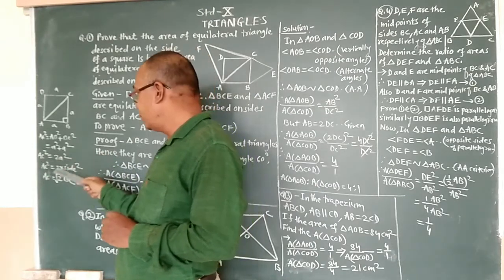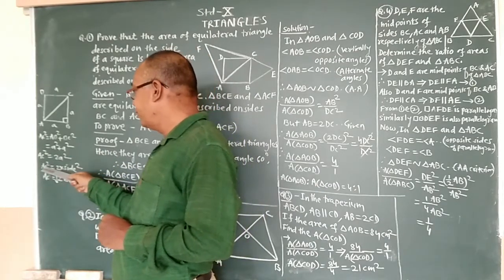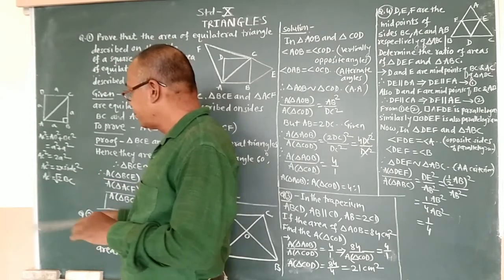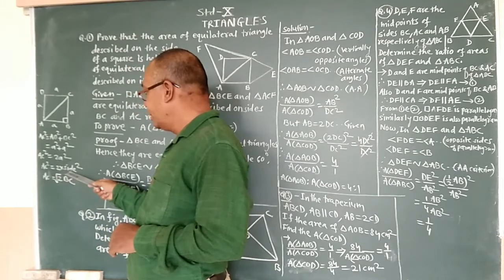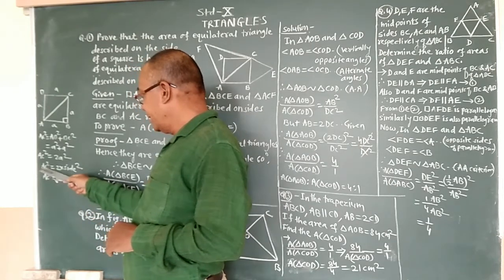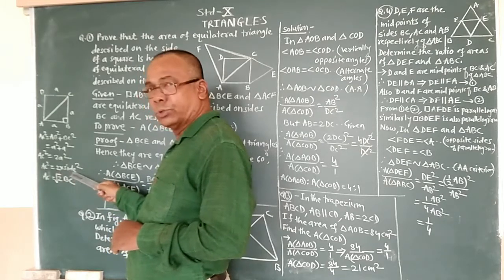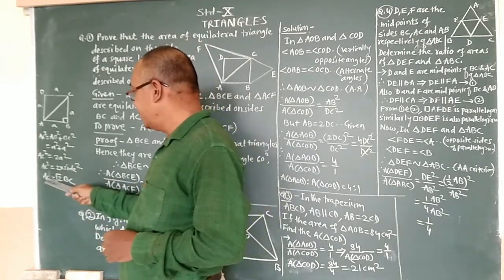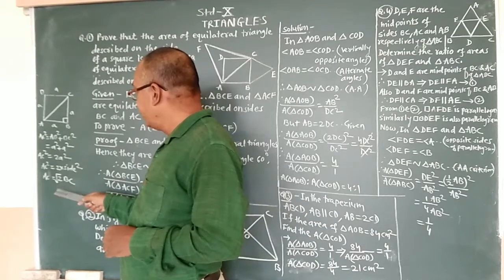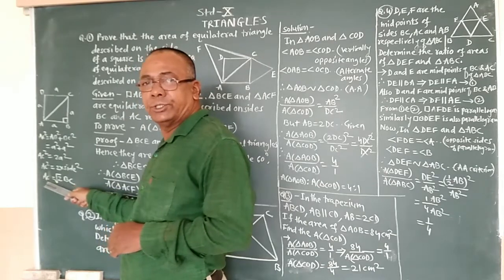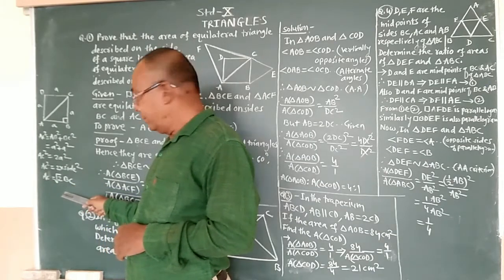So AC square is equal to 2a square, and therefore AC is equal to root 2 into side, and the side is BC. So AC is equal to root 2 BC.